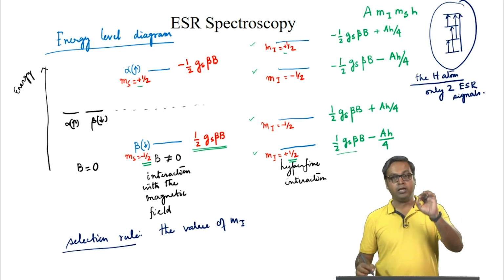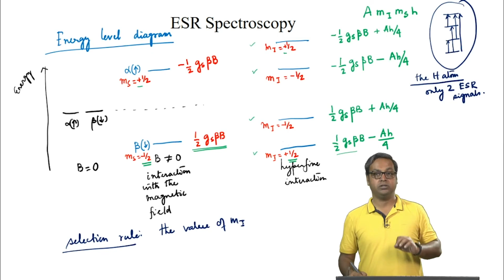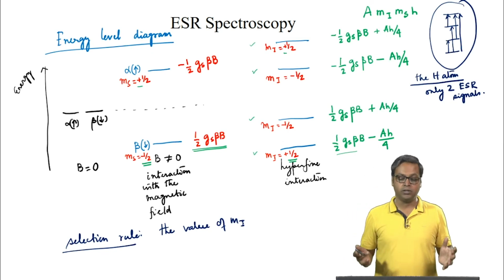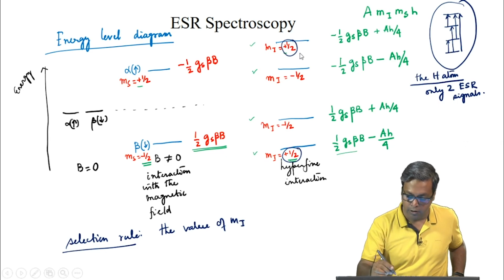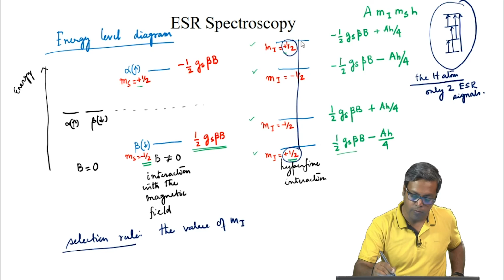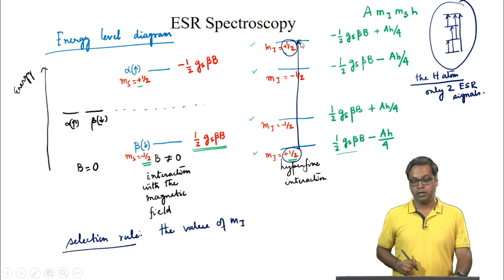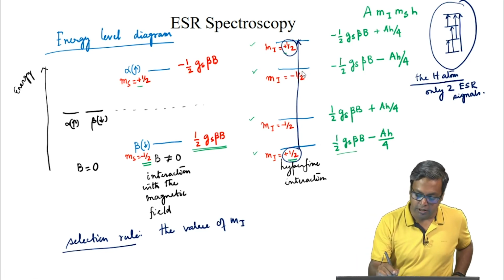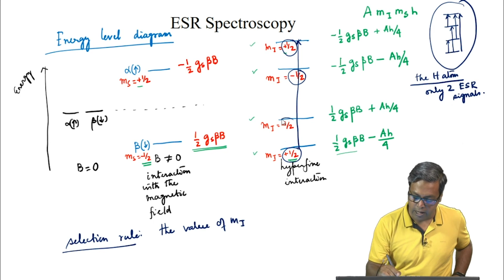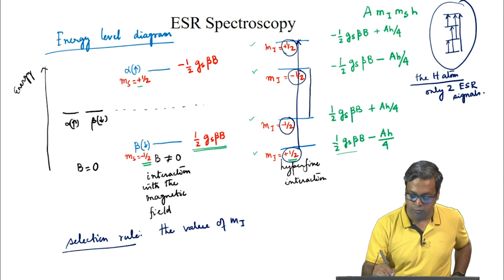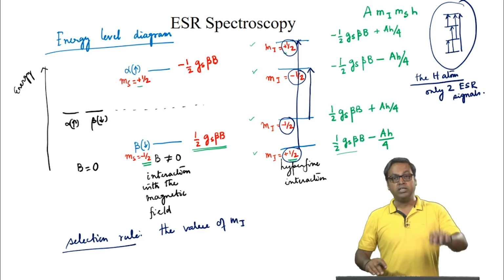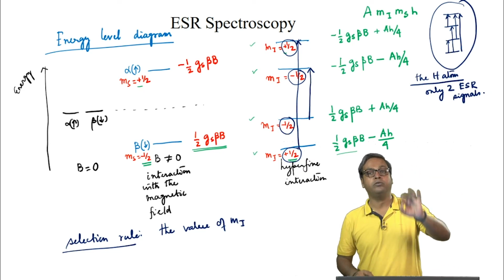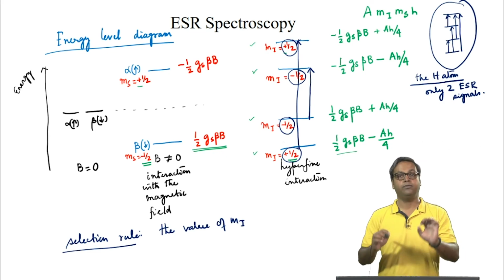So, if the m I value does not change, what are the different transitions we can have? We have m I equals plus half and m I equals plus half. This is one possible transition. The other possible transition is m I equals minus half and m I equals minus half. So, these are the only 2 possible transitions that we have.